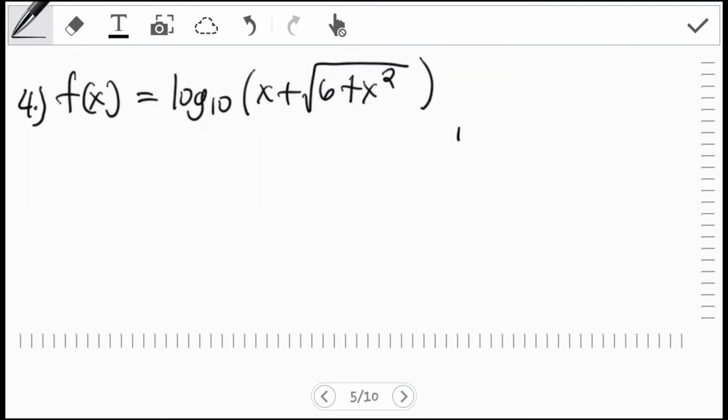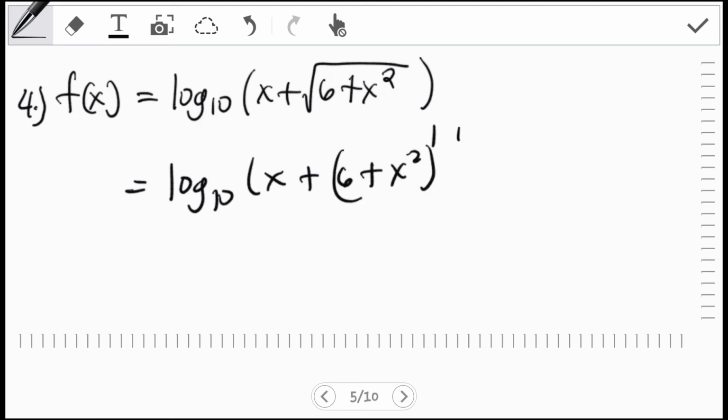The first derivative of f of x equals the log to the base 10 of the quantity x plus the square root of 6 plus x squared. First, we extract the radical sign: log to the base 10 of x plus the quantity 6 plus x squared to the power 1/2. Call it u.